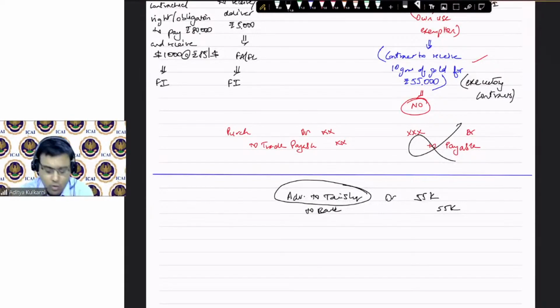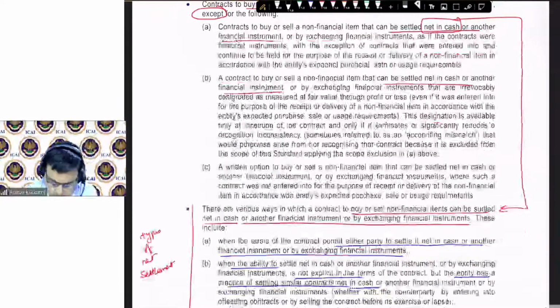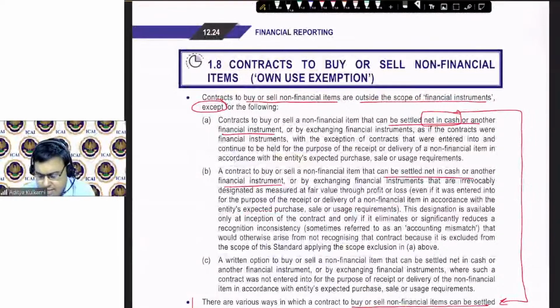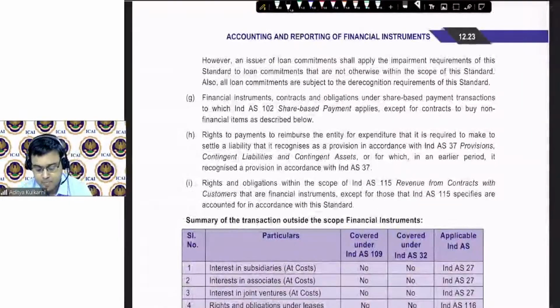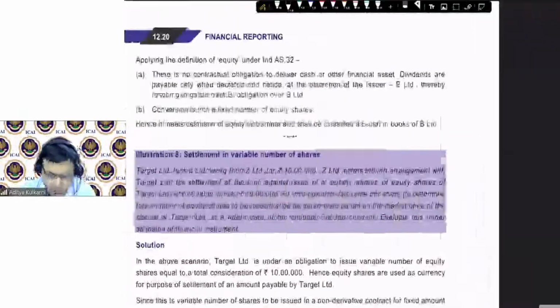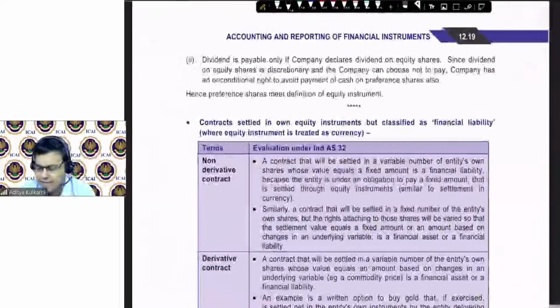Any doubts? Any questions that you have so far in this part? So basically the net settlement scope is very, very wide.